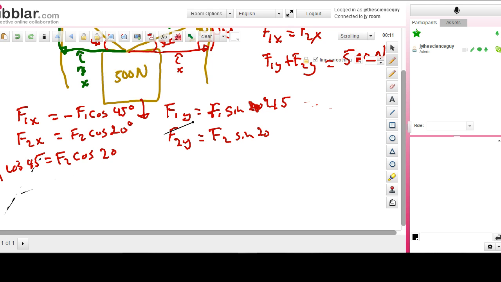And then we have f1 sine of 45 plus f2 cosine of 20 is equal to 500.